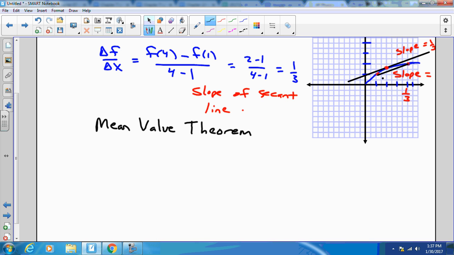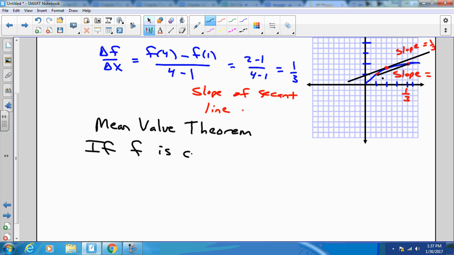My tangent line would now be horizontal. So I'm inspired to think that maybe, just maybe, if a function meets the conditions of Rolle's theorem, except for f of a equals f of b, then I ought to be able to find a tangent line parallel to a secant line. So here it is.